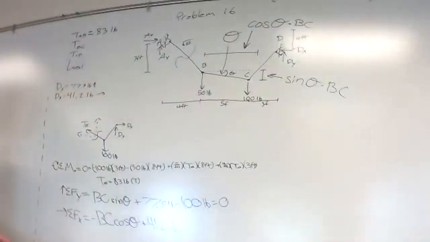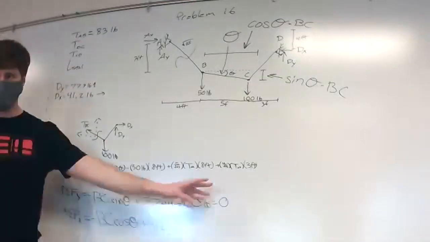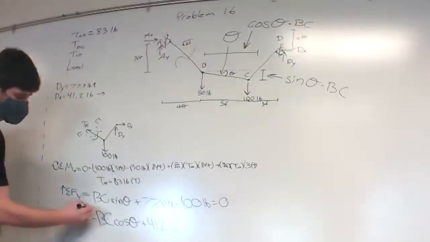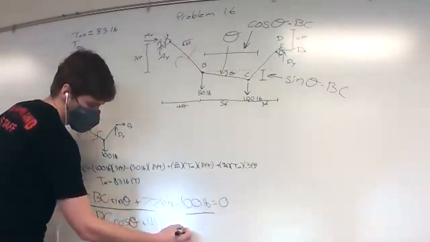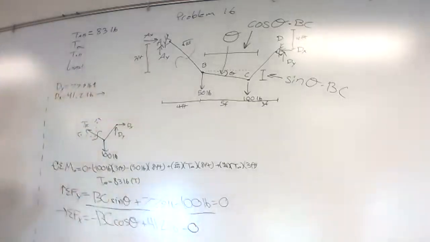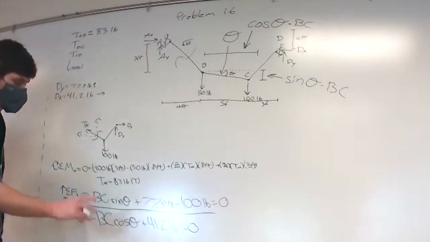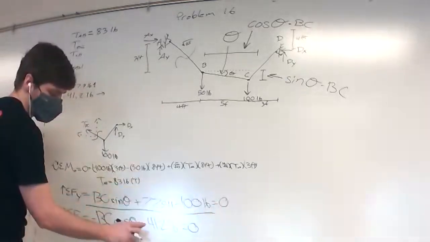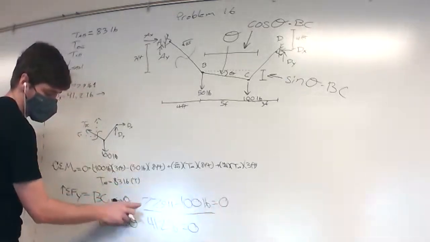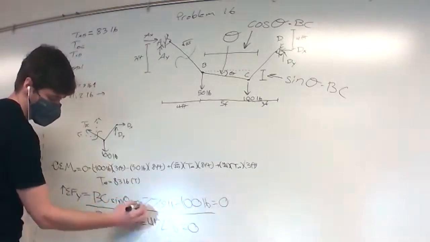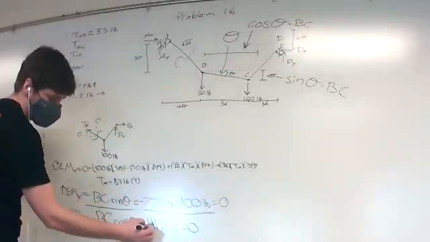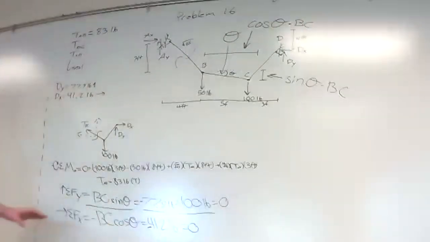So what we can do now is divide these equations. We can say the sum of the forces y divided by the sum of the forces x, just like this. And what's going to happen here is, well, you would want to move these terms over before you do this. So this would be minus 77 and plus 100 because we moved it over, and minus 41.2.